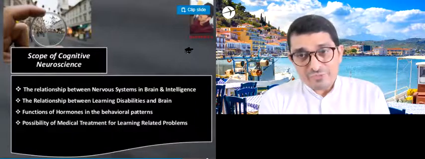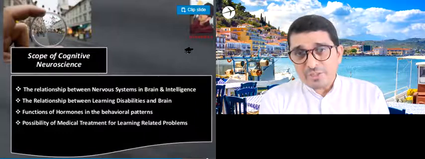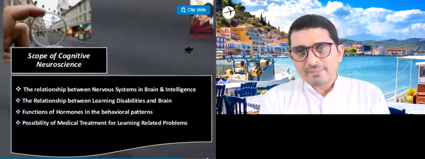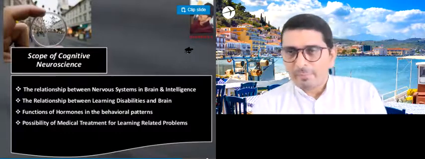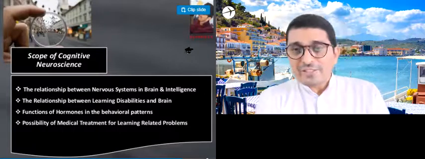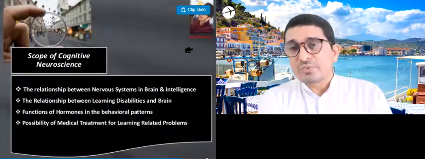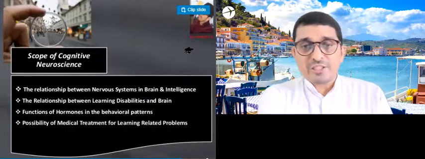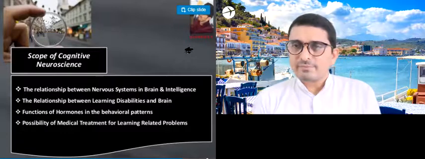But here, if you are able to find out the relationship between the nervous system in the brain and intelligence, you will be able to enhance the intelligence of poor students too by giving some treatment, some medicines which can enhance the nervous functions in the brain. And another scope is the relationship between learning disabilities and brain.